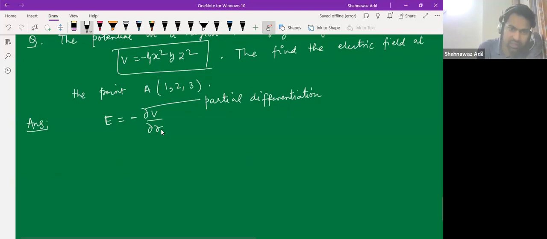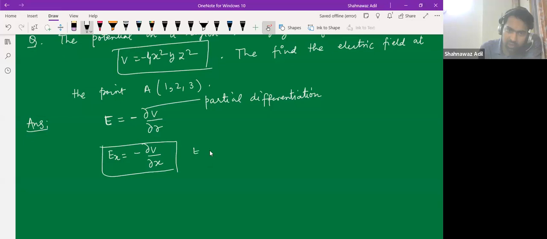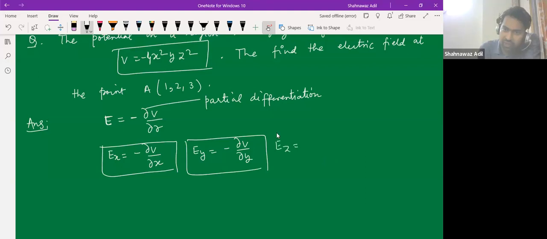So if I want to calculate the x component, it would be simply minus dV by dx. The y component would be minus dV by dy, and the z component minus dV by dz. So these are the different components.